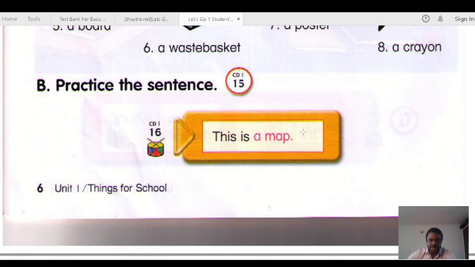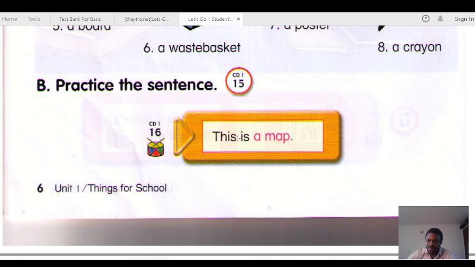So here, what I want us to be looking at, say this is, because it is this. But if it is many, we use these, these are, because there are many.